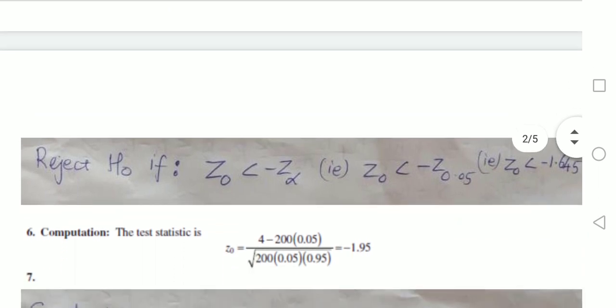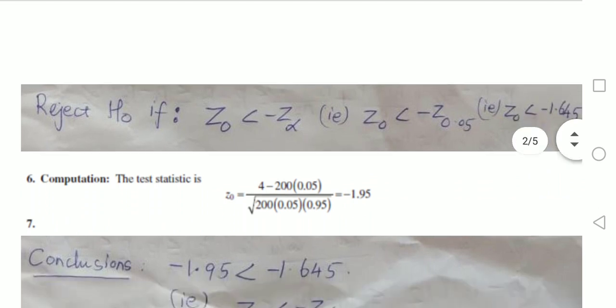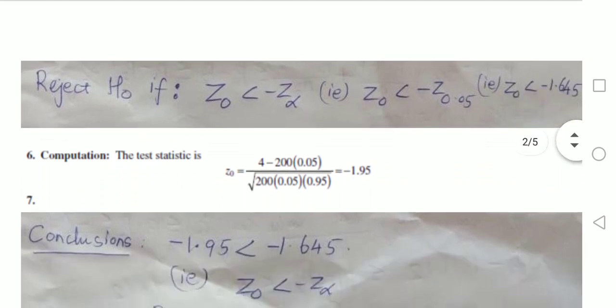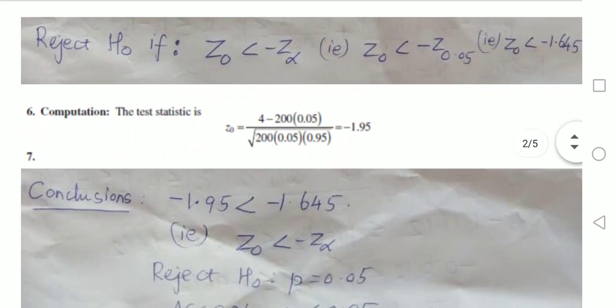And for the test statistic computation, by substituting all n, p naught and x values, we get Z naught as minus 1.95. Okay, and the conclusion is this Z naught, minus 1.95, which is less than minus 1.645, that is Z naught less than minus Z alpha.